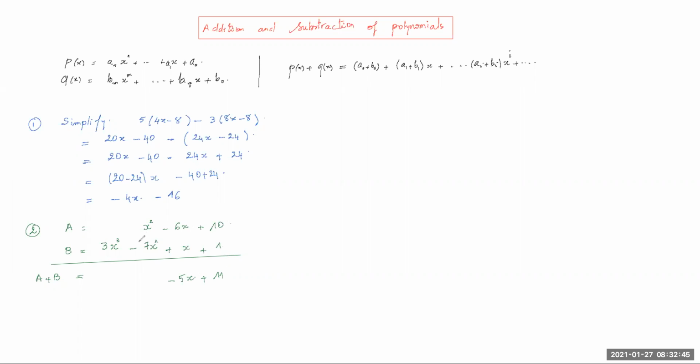Then x squared minus 7x squared will be minus 6x squared. And here there is no term of degree 3, so plus 3x^3, it will be 3x^3. And you have your resulting polynomial.